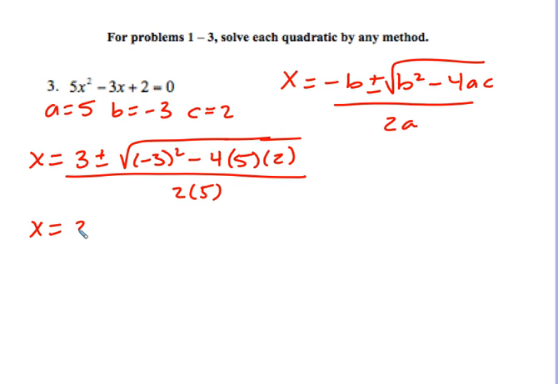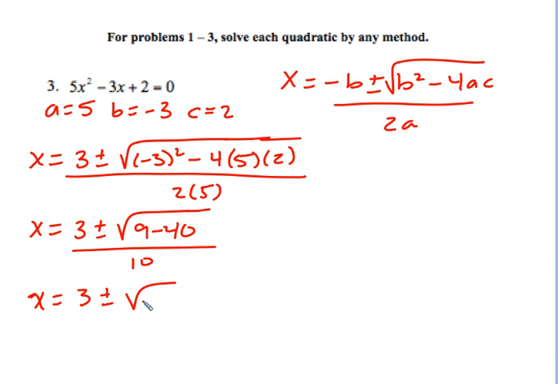So you get 3 plus or minus the square root of 9 minus 40. Well, 9 minus 40 is going to be a negative 31. And whenever you have a negative under a square root, remember, you have to make it an i.